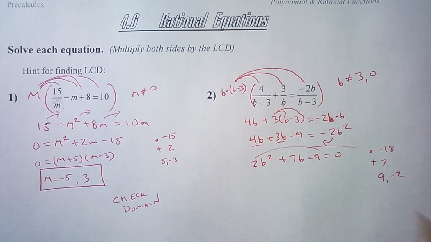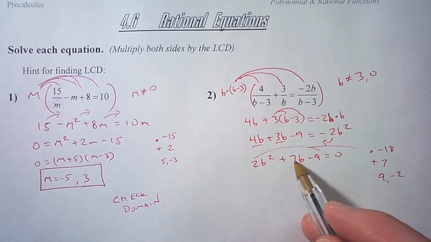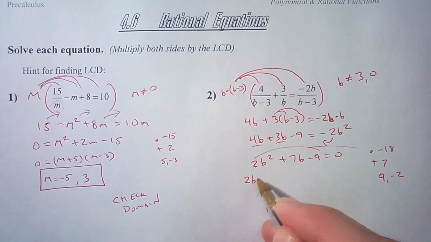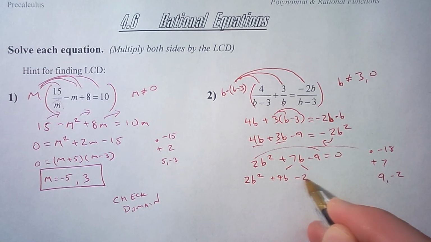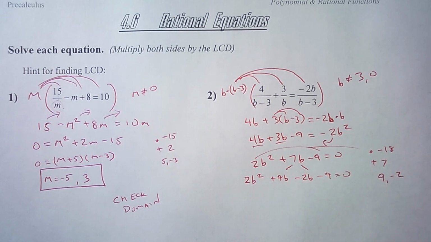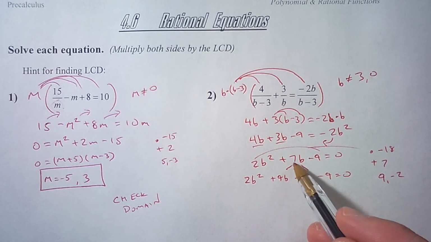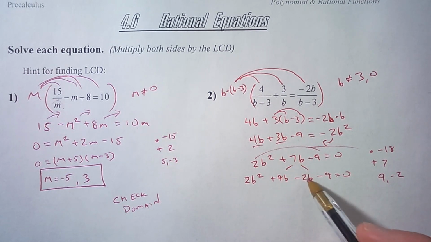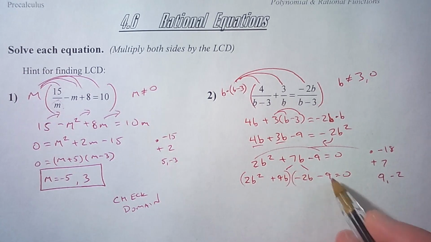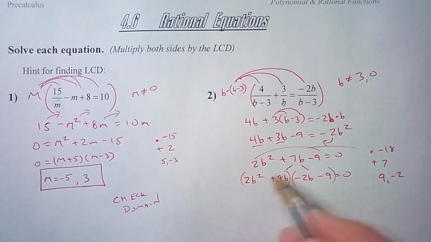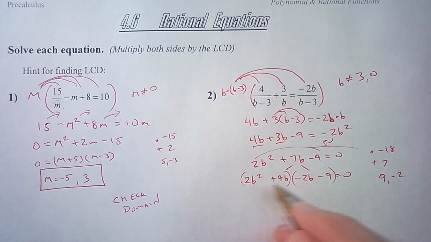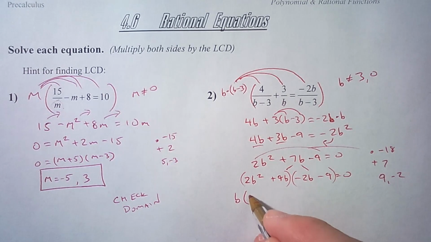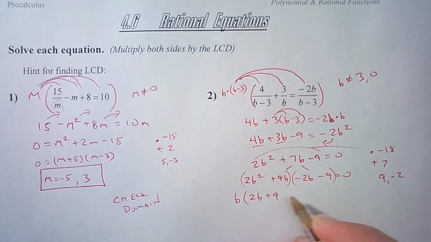Okay, so I'm going to split this 7b into a 9b minus 2b. So I have 2b squared, and then the 7b becomes 9b minus 2b. Okay, so now I've not changed the value at all. I just changed this 7 into 9 minus 2, and now I can factor by grouping. So when I group these first two, I can factor out a b out of both terms. So if I divide both of these by b, I get b times 2b plus 9.